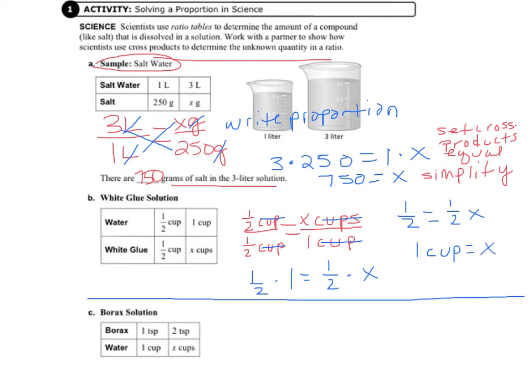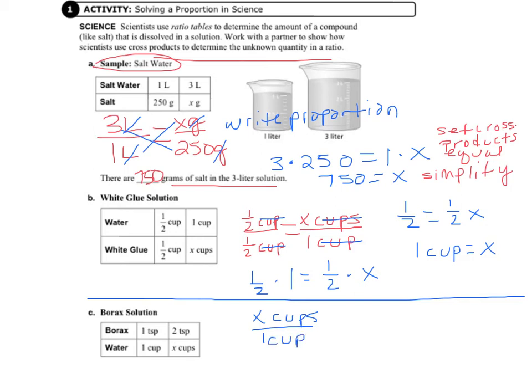So let's work on the borax solution. The borax solution is a little bit different in setting up your proportion, but we want to try to keep our x cups on the top, so we can do that. We just need to put it on the right top and put x cups, and if that's where that is, then we need to put our 1 cup underneath it.